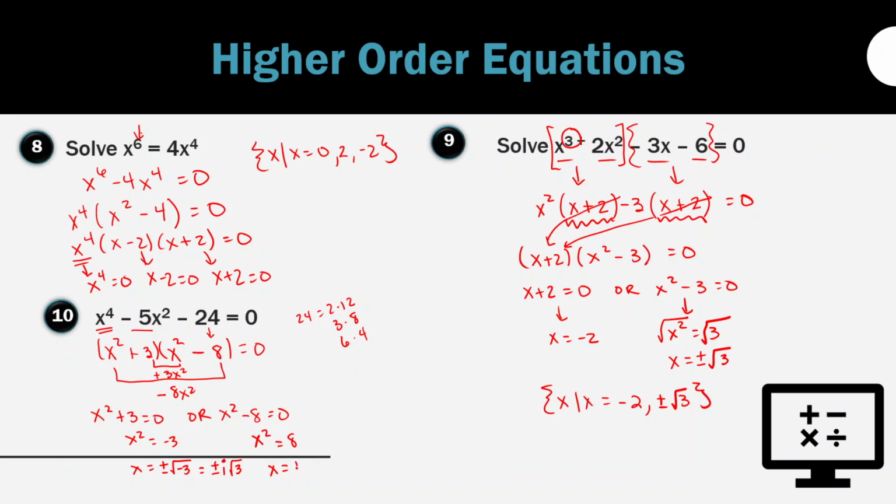So x is going to be plus or minus the square root of 8, which can reduce to 2 square root of 2. So I ended up with 4 answers. So my solution set is x equals plus or minus 2 square root of 2, or plus or minus i square root of 3. So I got 4 solutions because it was a 4th degree.